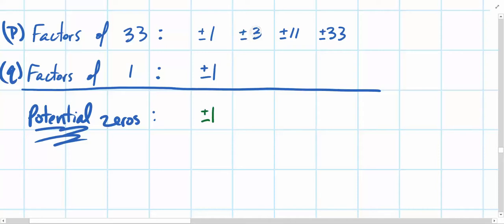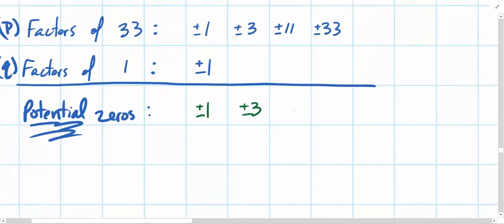Similarly, if I took the positive 3 from this list and divided by positive 1, I'd be left with a positive 3. And if I took the negative 3 from this list and divided by the positive 1, well, I'd be left with negative 3. And that's the same way that the positive and negative 11, as well as the positive and negative 33 would result in the rest of that division.